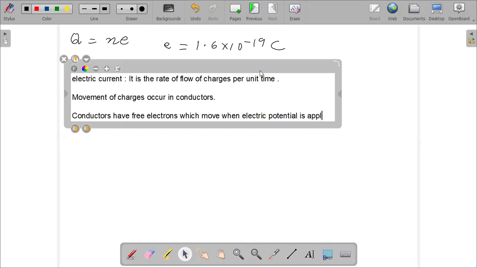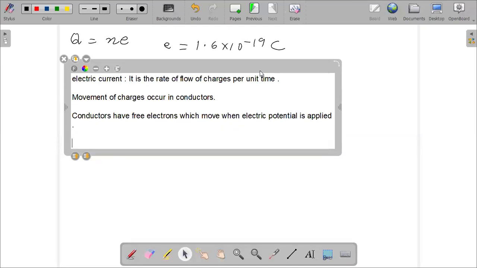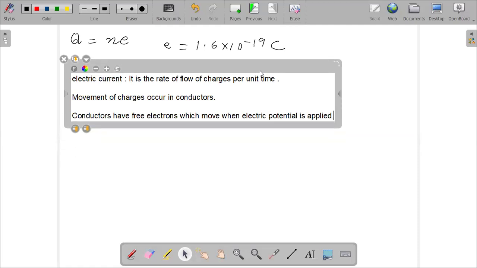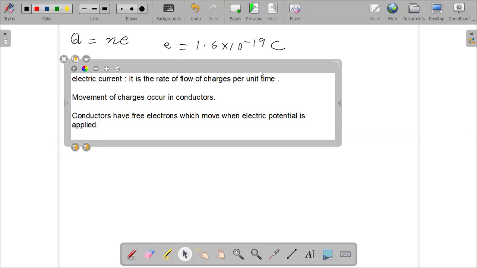Why can't the plastic conduct electricity? Sir, because plastic is an insulator and insulators don't allow the current to pass through them.